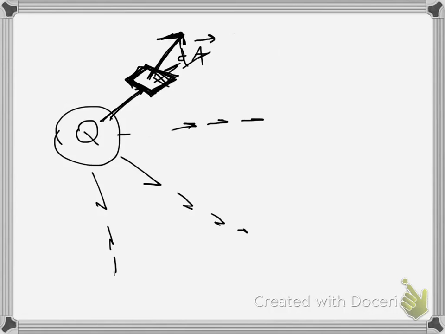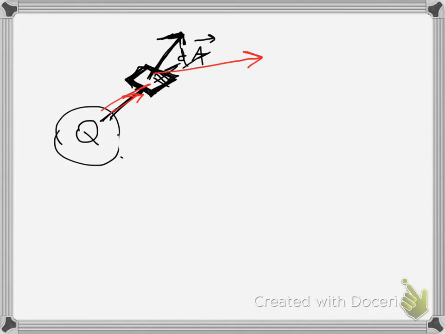And the electric flux through this rectangle is how much of the electric field is going through. So let's draw the electric field in red. Let's say the electric field going through this little rectangle is this red arrow.